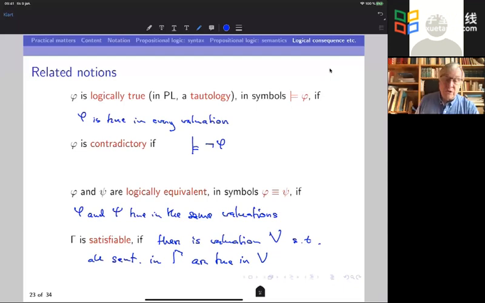So these notions, consequence, logical truth, logical falsity, equivalence, and satisfiability, they are, in a sense, reducible to each other. You can define one in terms of the other. So let me just give you one example of that.